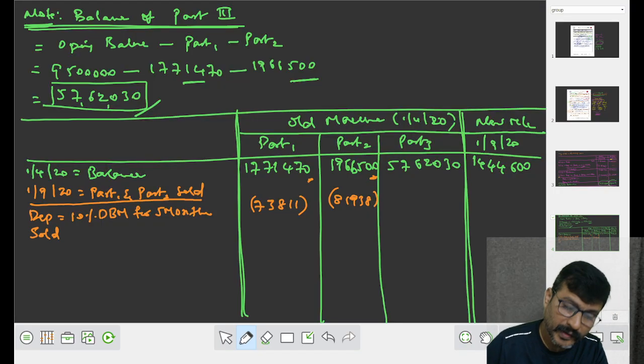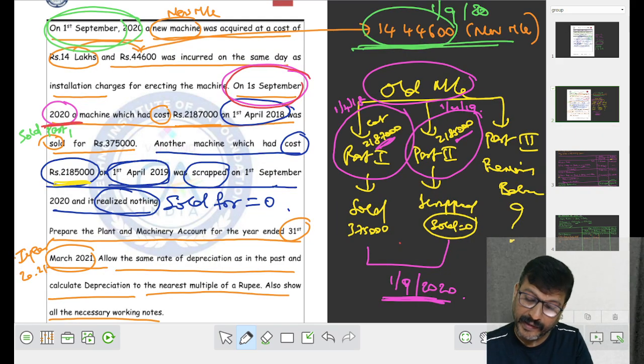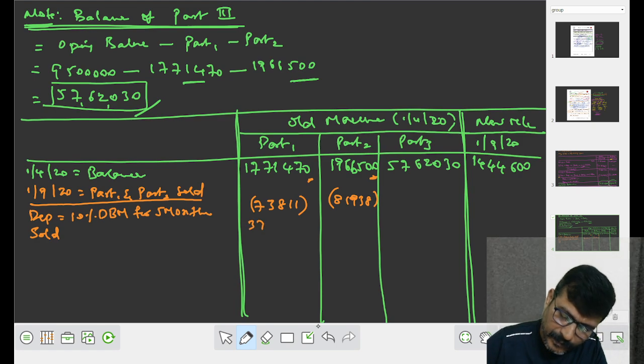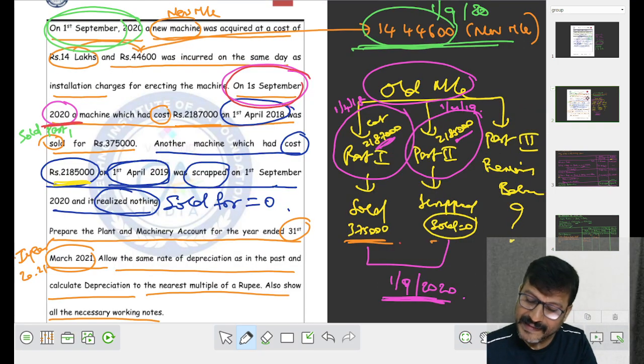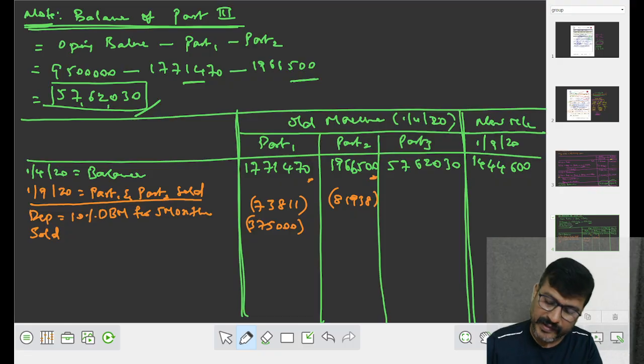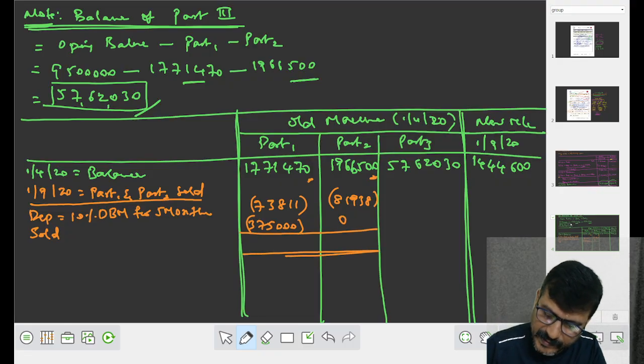Part 1 is sold. See, part 1 is sold for how much? 3,75,000. Part 3, scrap. Scrap is what? 0. Nothing is realized. Sold for 0. Now you work out a balance.